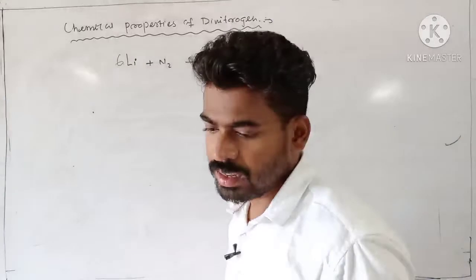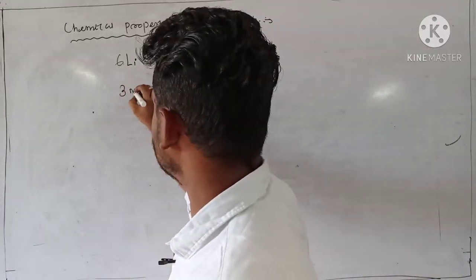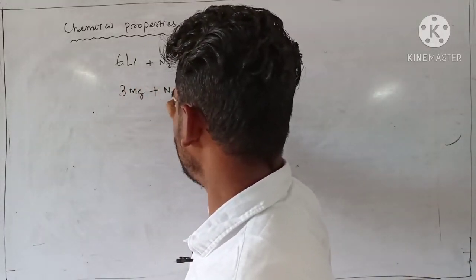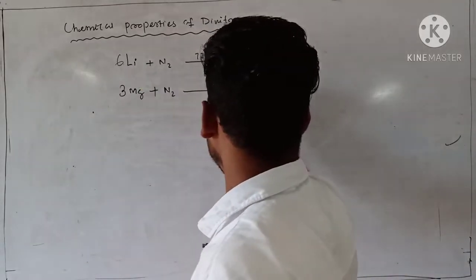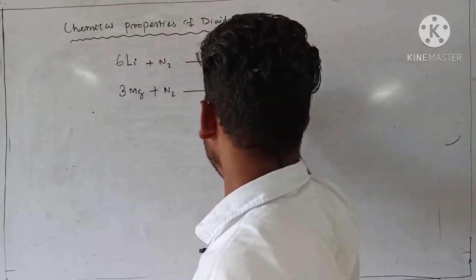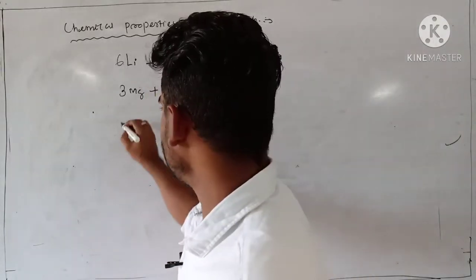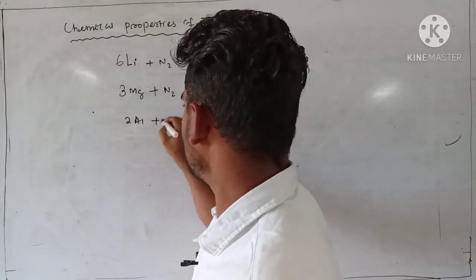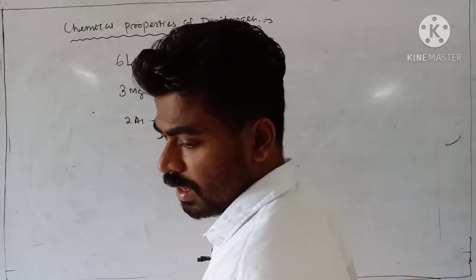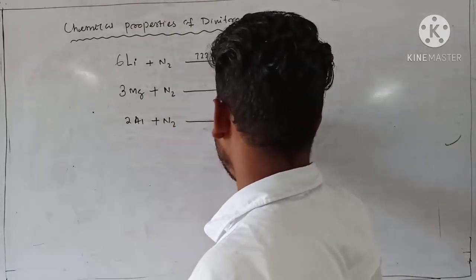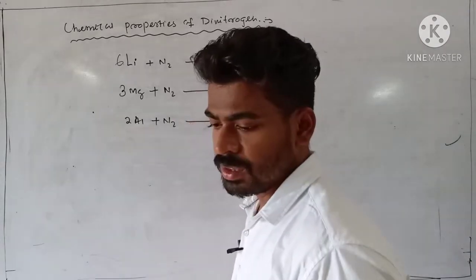Similarly, lots of metals are there. For example, 3Mg plus N2 gives magnesium nitride, Mg3N2. Similarly 2Al plus N2 gives AlN.